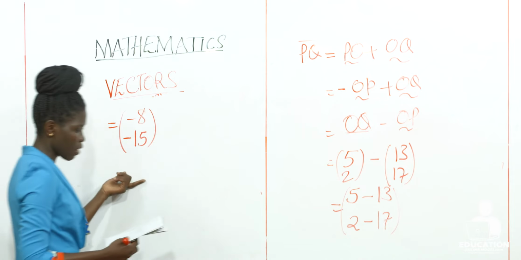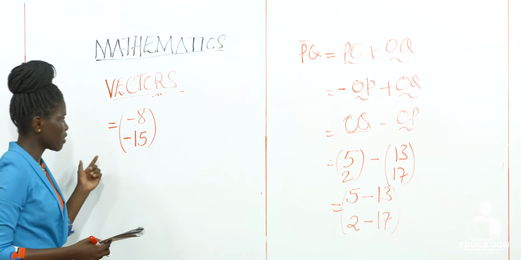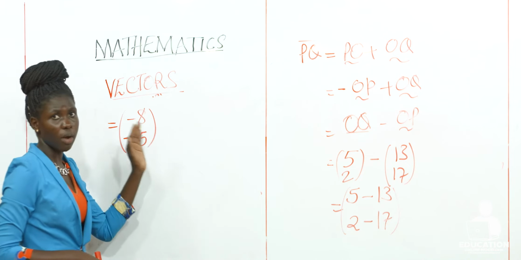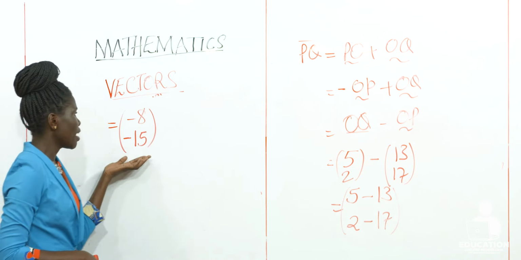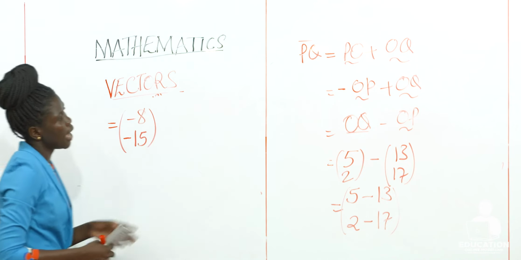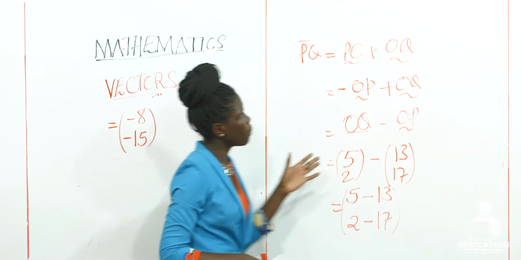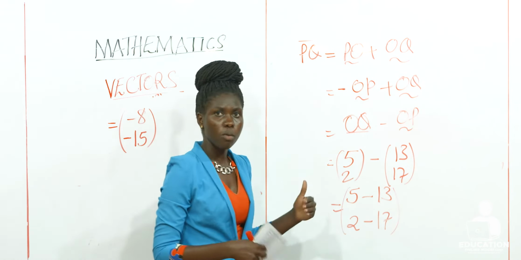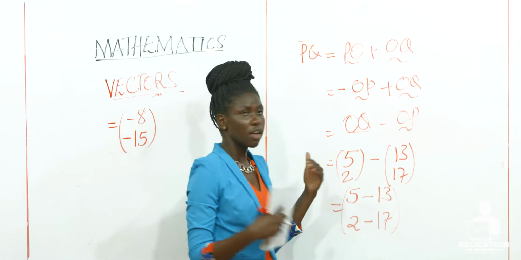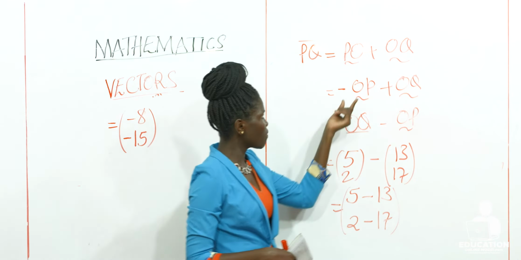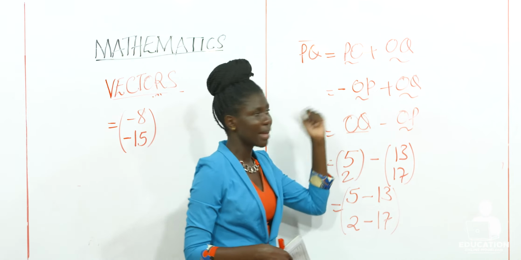I've just wrapped up the diagram. We are saying we are finding the length PQ. The movement, when you move according to the diagram we've just drawn, we are finding the distance PQ. So when you work out, we are saying it is PO plus OQ. But PO is in the opposite direction of movement from the origin. You move from O to P. So in this case, our value of OP will be the negative one.